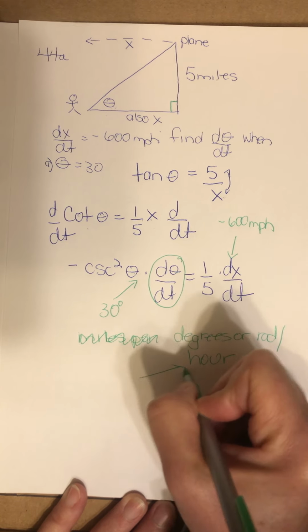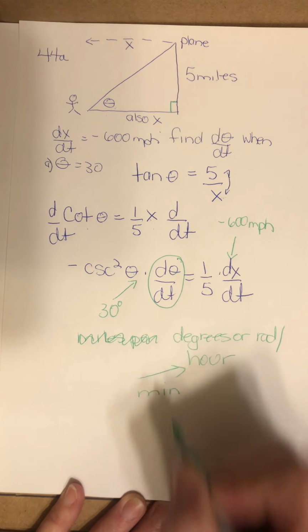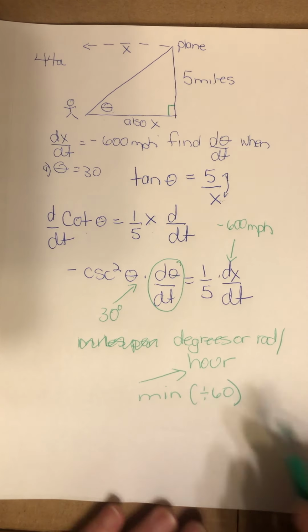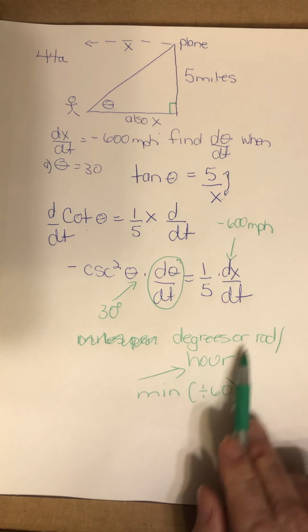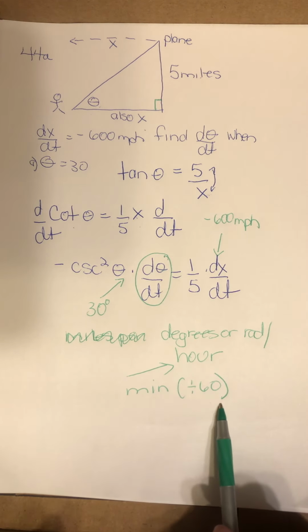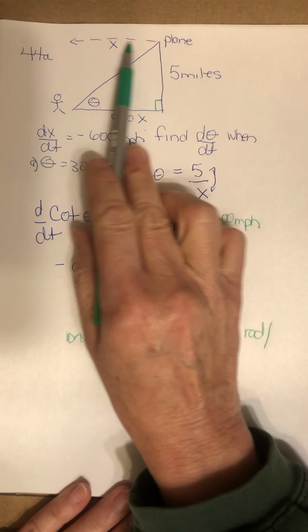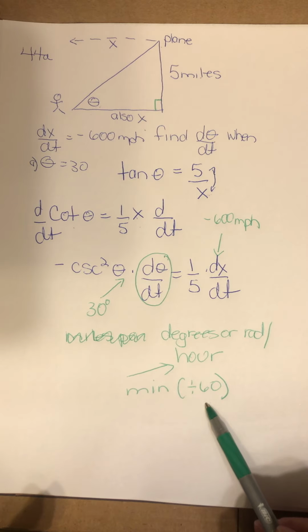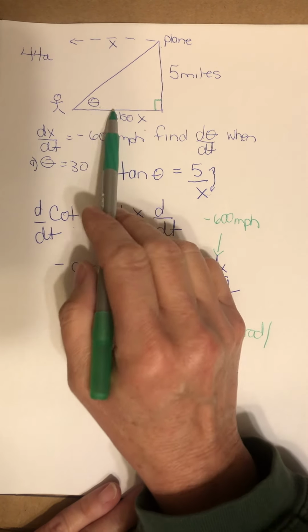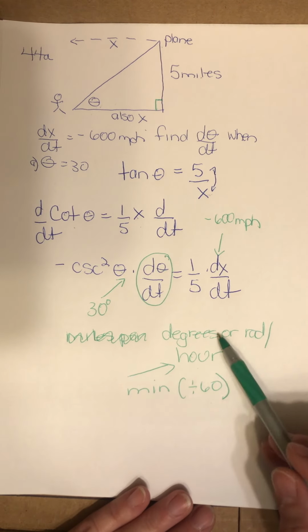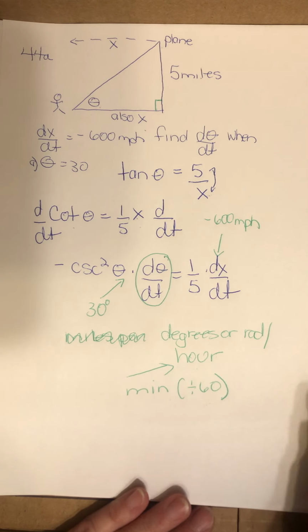You'll find that they chose to switch it to minutes by dividing by 60, just because, so the answer you get in degrees or radians per hour is absolutely correct. Why did they put it in minutes? Because this plane is going so fast that there's no way you would really be standing there for an hour, right? So they switched it to how your angle is changing per minute. So just understand that when you see the answer, they switch from hours to minutes without really saying that they wanted you to.